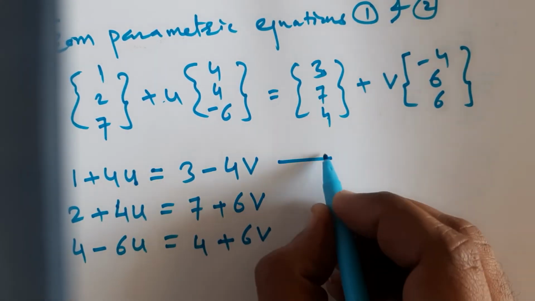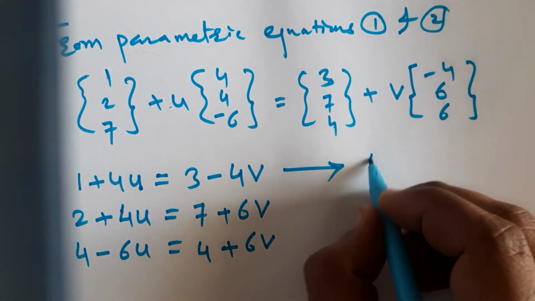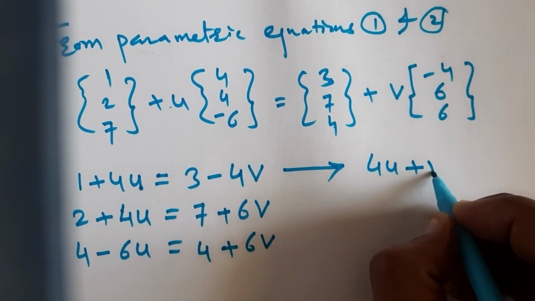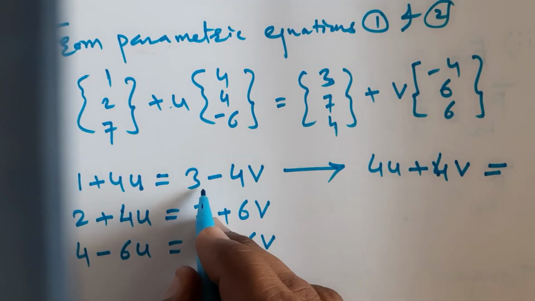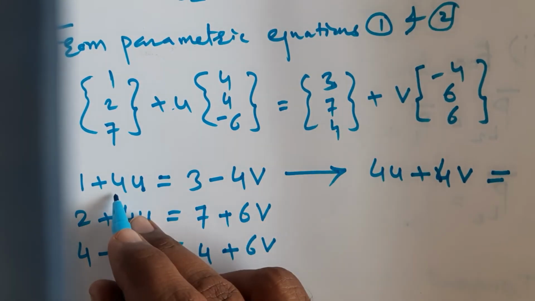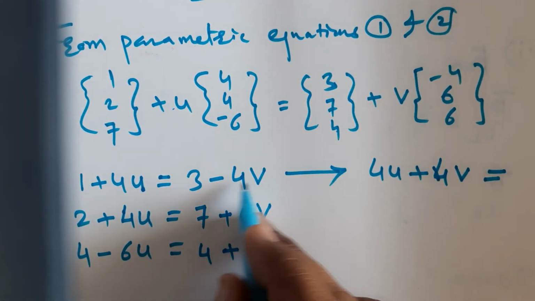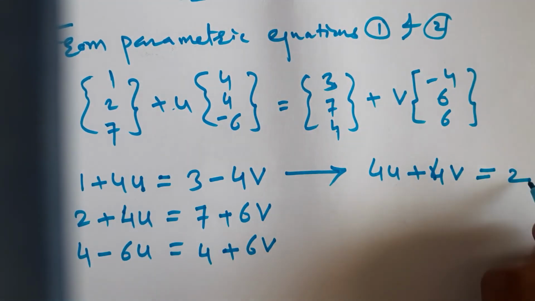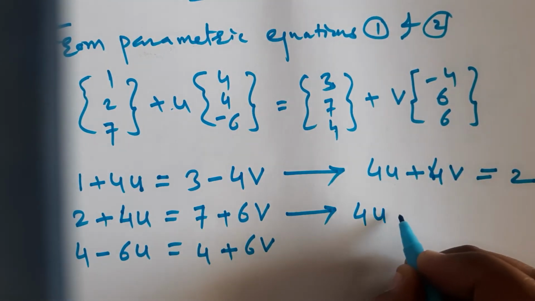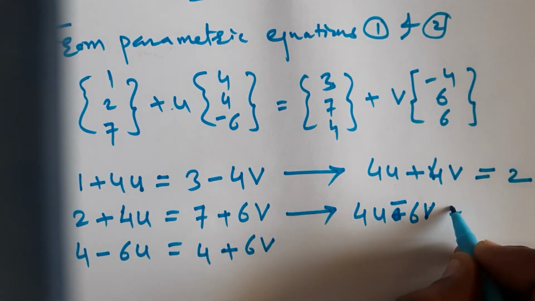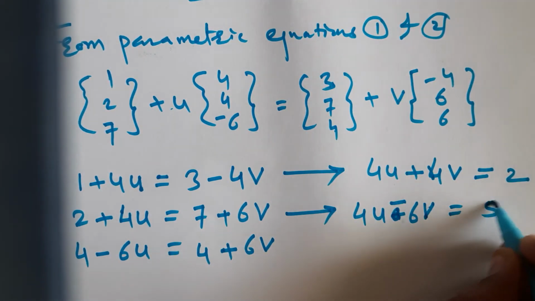Now from the first equation we can write 4u plus 4v is equal to 3 minus 1, which is 2. Now from the second equation, 4u minus 6v is equal to 7 minus 2, which is 5.